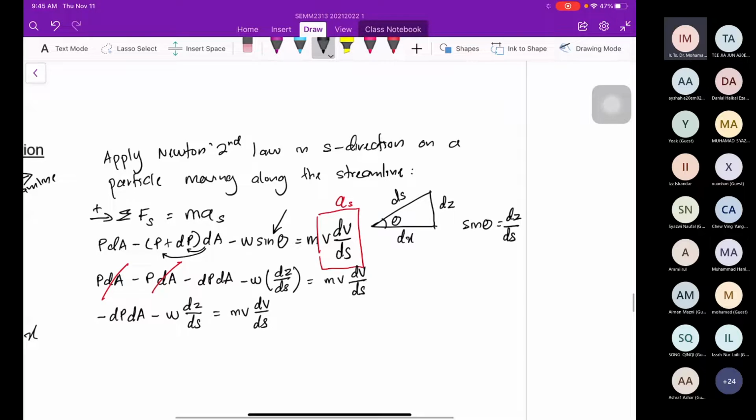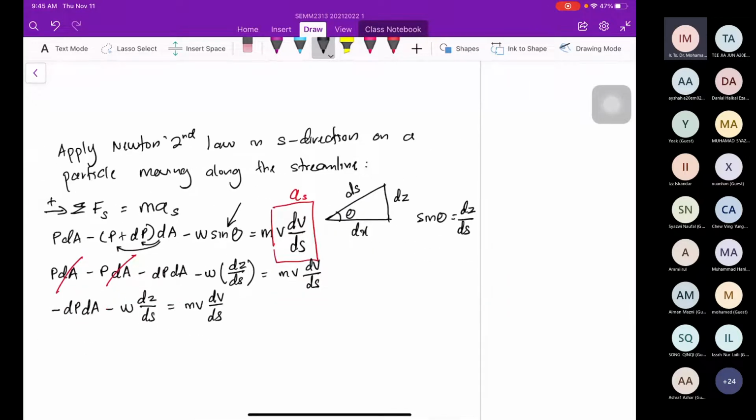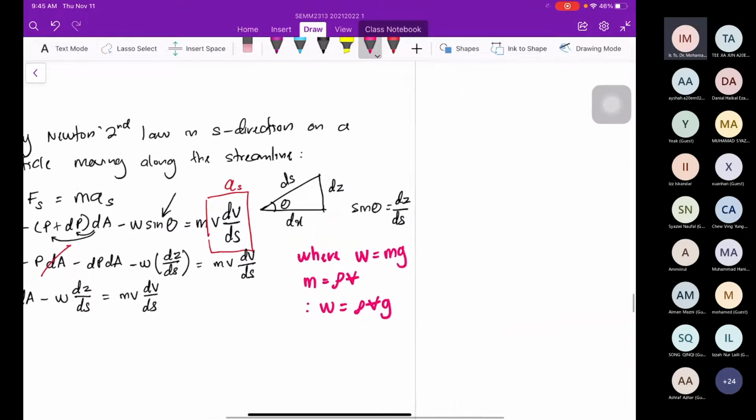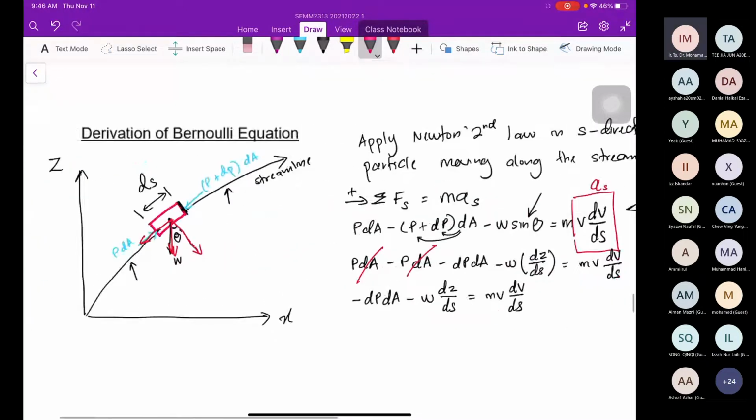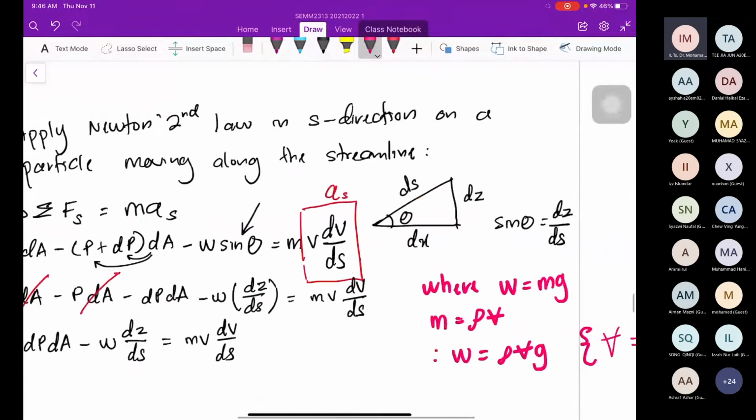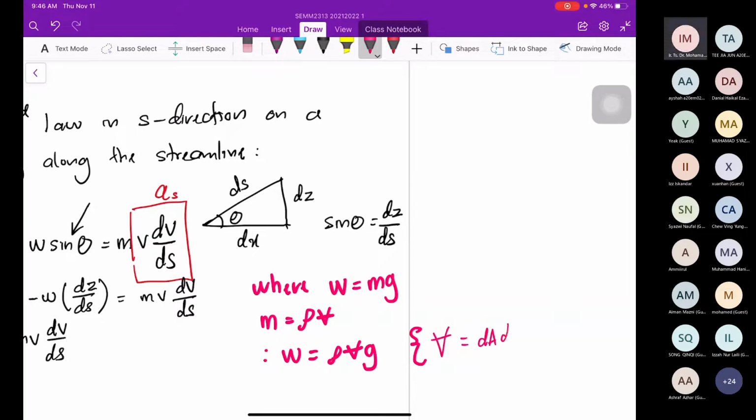Now we can see that the weight is equal to mass multiplied with gravity. The mass is equal to rho multiplied with the volume, so weight equals rho V g. To get the volume, of course, it is the cross-sectional area multiplied with ds, dA multiplied with ds.